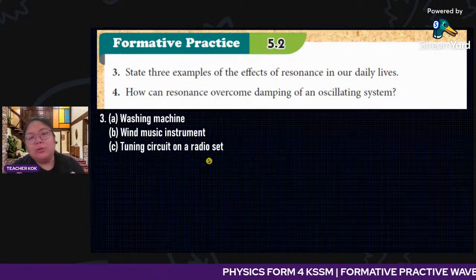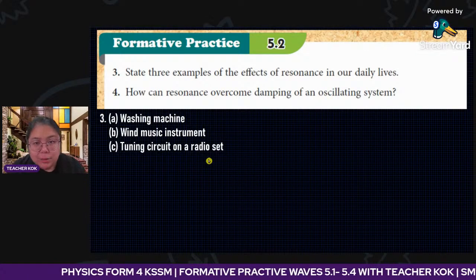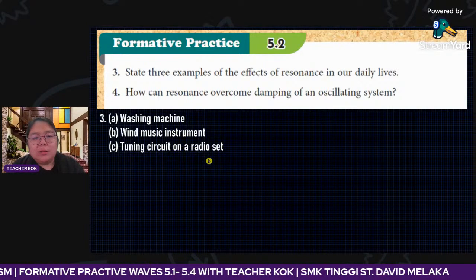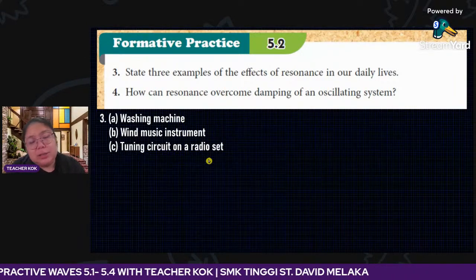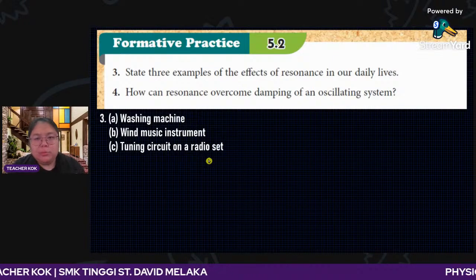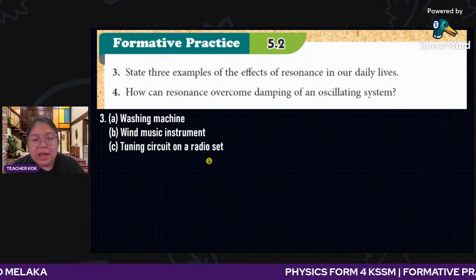So you find it, you go to a different state. For example, from Malacca you want to go to KL. When you are on the way, you find the radio set changes the FM. From here you can listen, but when you go until KL, that means you need to change to another channel.